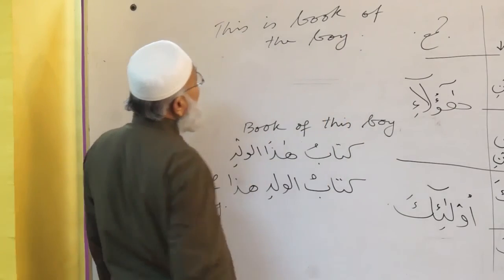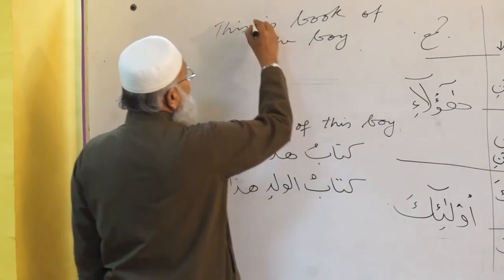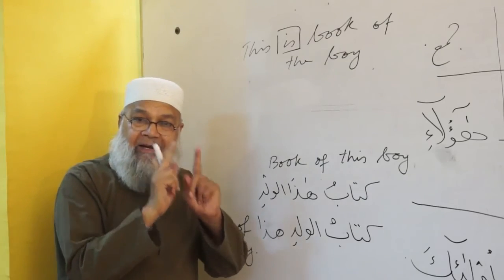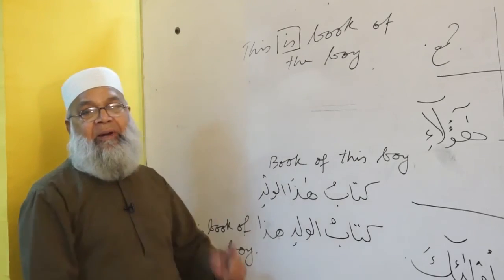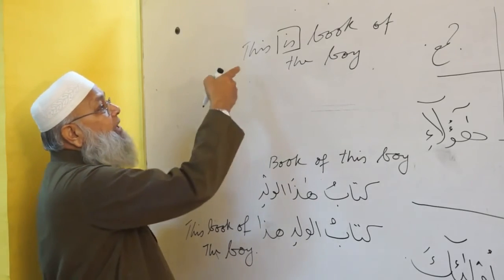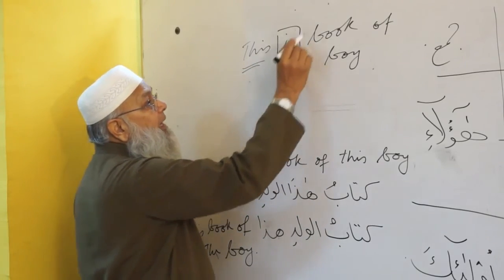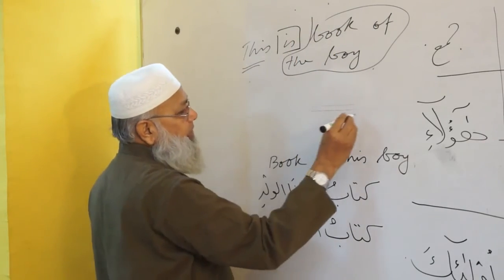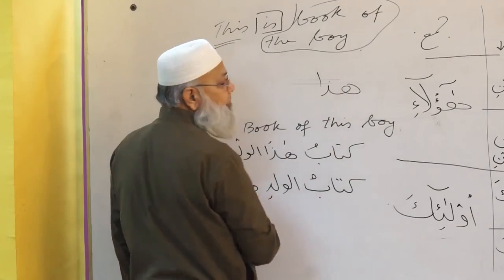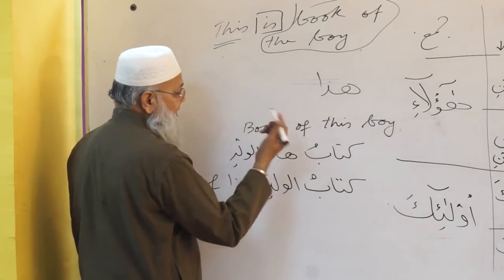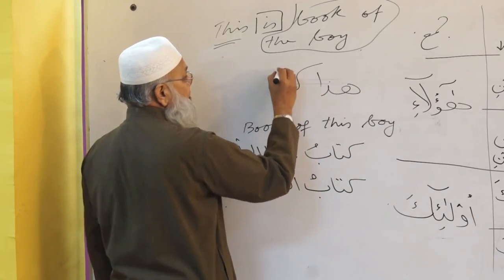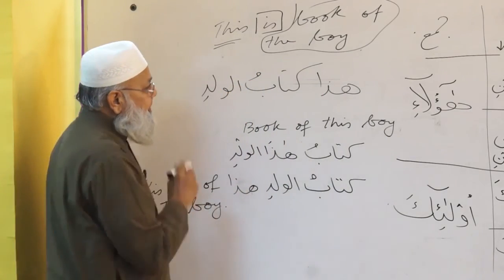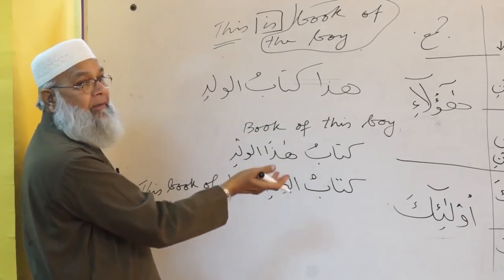You must remember that I told you that this helping verb is a dividing line between the subject and the predicate, mubtada and the khabar. So in this case, this is mubtada and the whole of this is khabar. It's a very simple construction. Just say hadha and then kitabul waladi. Hadha kitabul waladi. This is book of the boy.